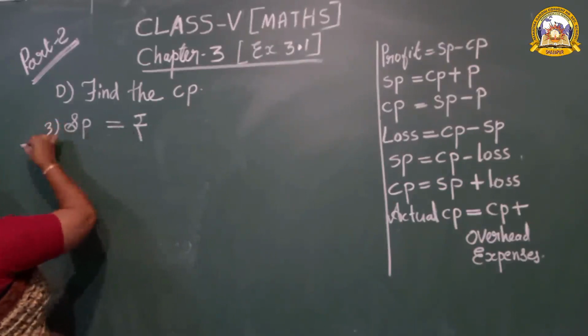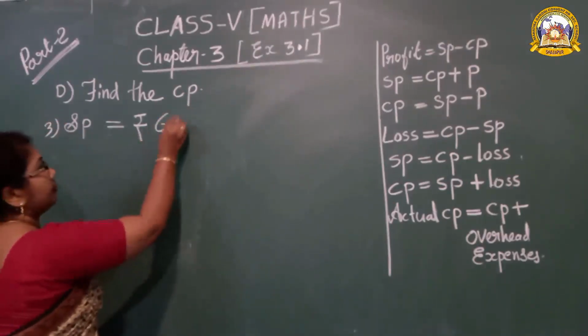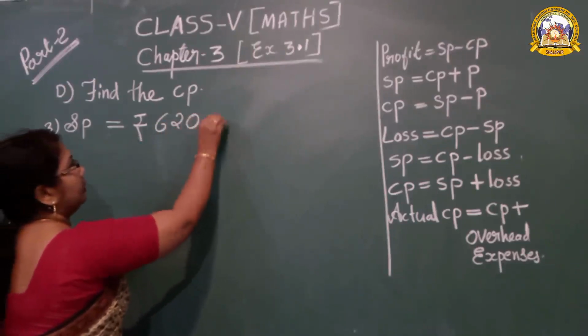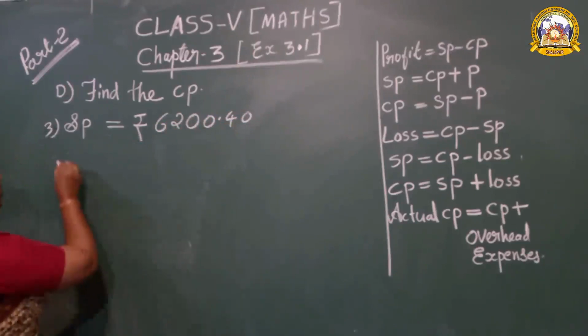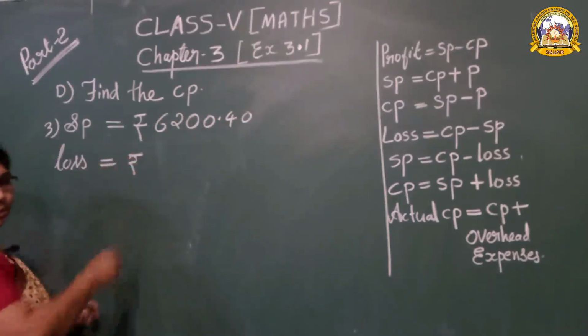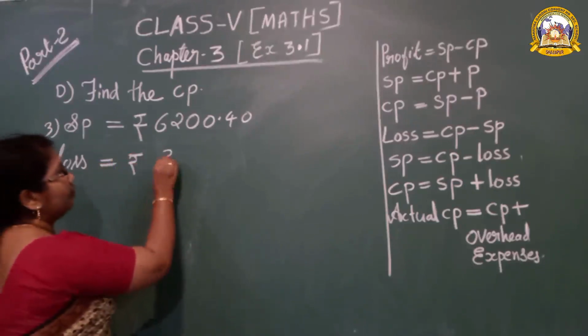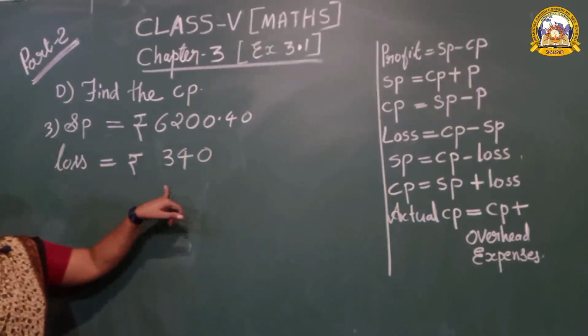Question number 3. Selling price is equal to 6,200.40. Then what is written there, students? It is given loss. Loss is equal to rupees 340.